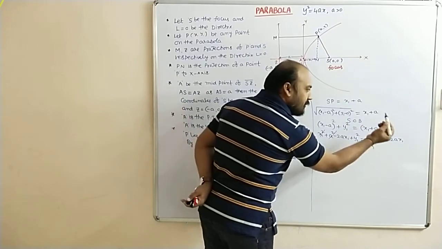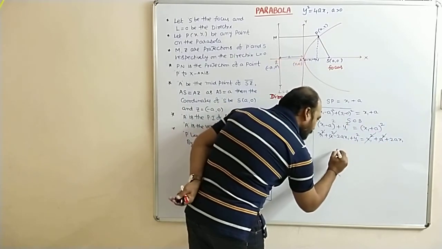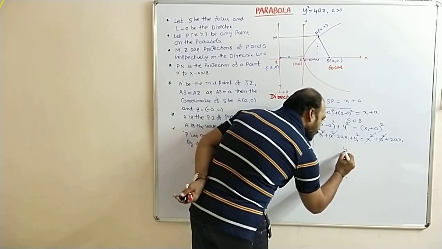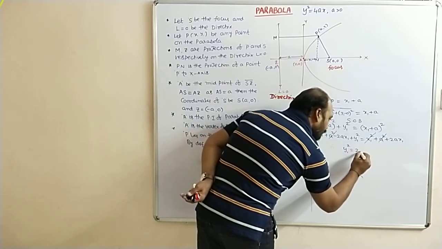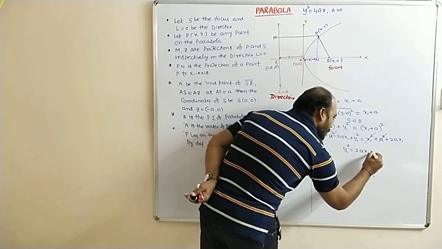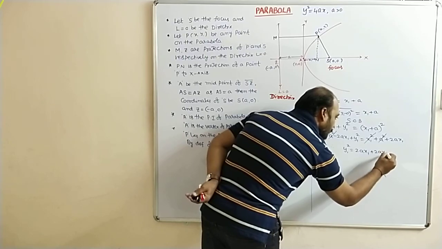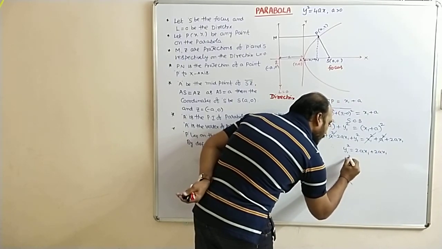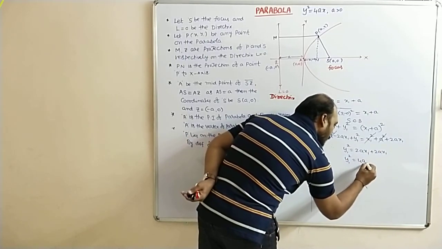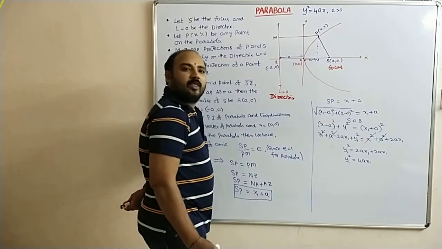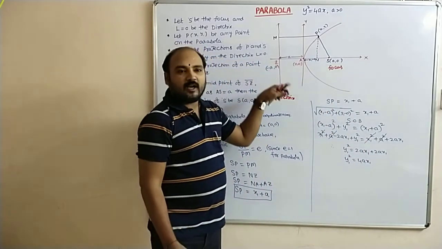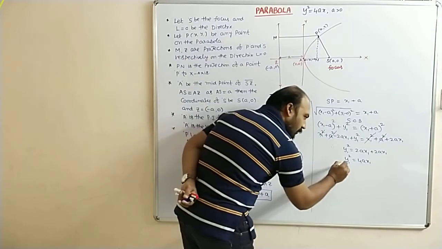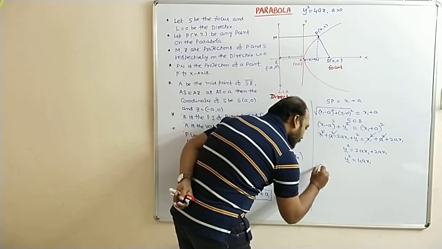Minus 2A x1, I am taking that to the RHS. We will get y1 square equal to 2A x1 plus 2A x1. So y1 square equal to 4A x1. They are asking to calculate the locus now. Therefore, remove y1 and x1 and write x, y.